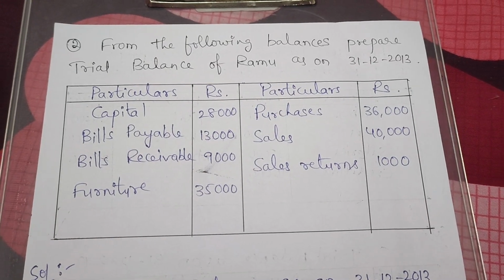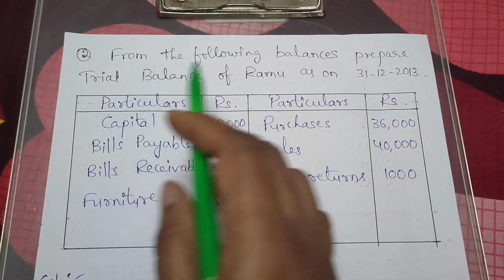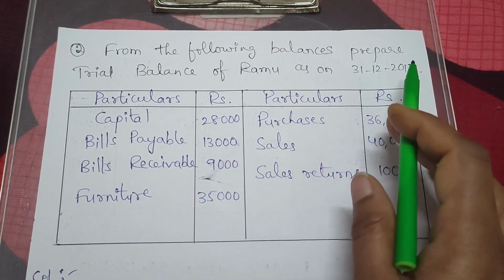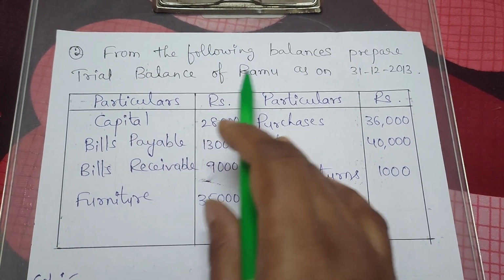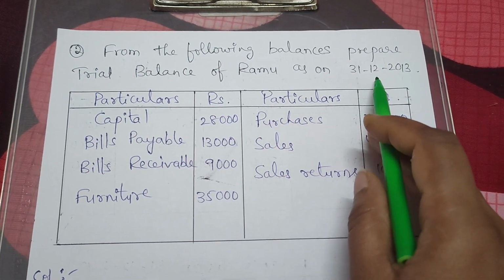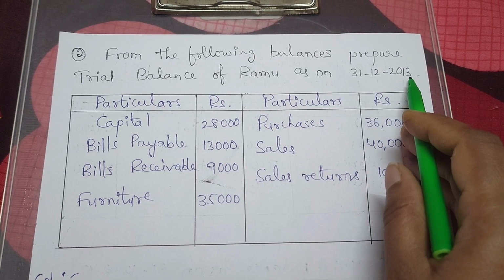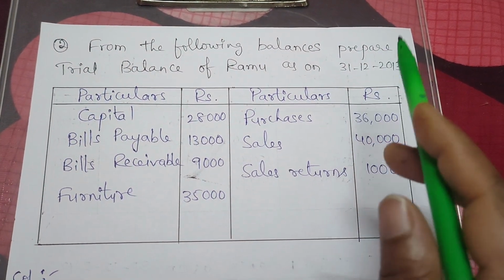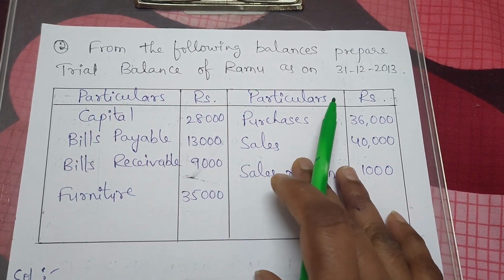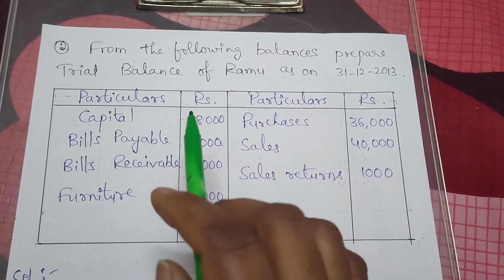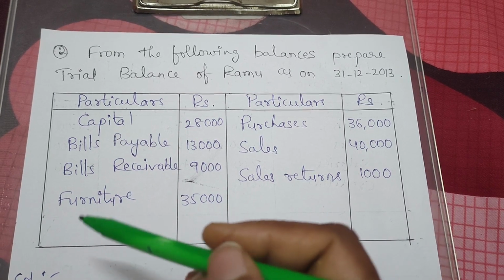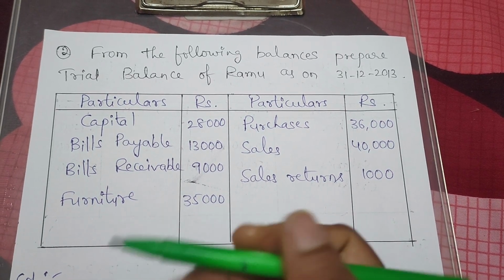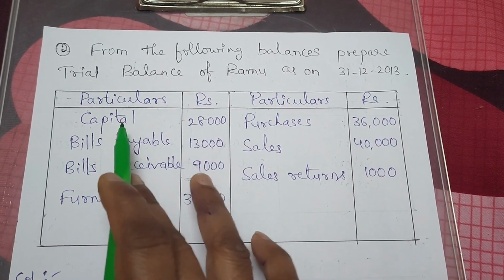This is the second question: from the following balances, prepare the trial balance of Ramu as on 31st December 2013. So we have to prepare the trial balance as on the date. Some items are given here. We have to take each item and record it under the proper side, whether it should be debited or credited.